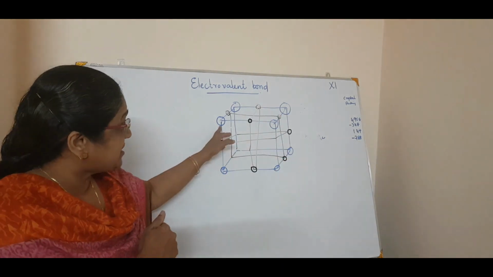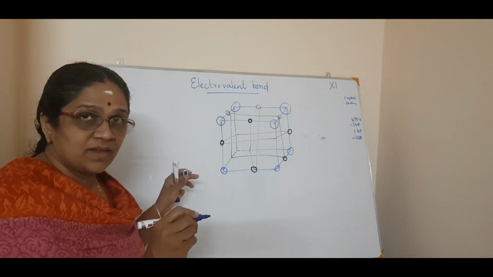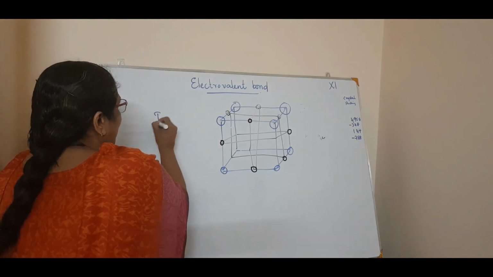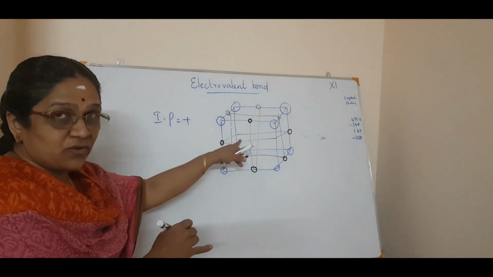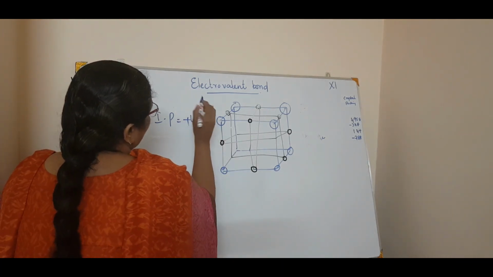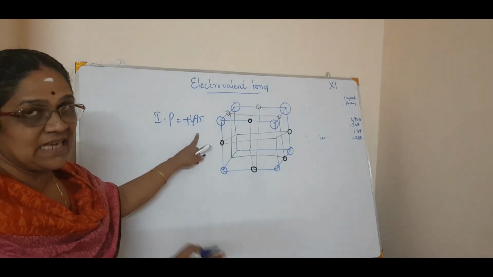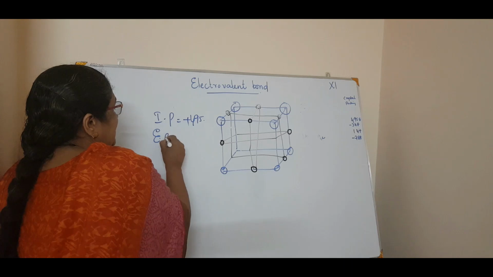You know ionization potential. What is IP? IP is always endothermic, isn't it? So, IP is always endothermic, plus. Now, if I want to give a value for sodium chloride, I will give the value of IP as 495, for example, as given in the textbook. Now, what is electron gain enthalpy, EGE?